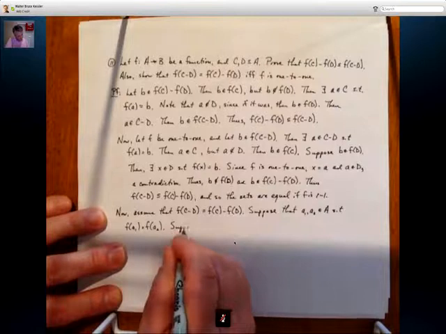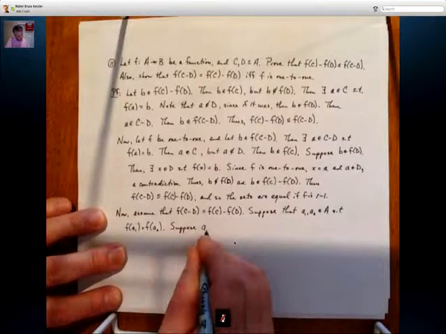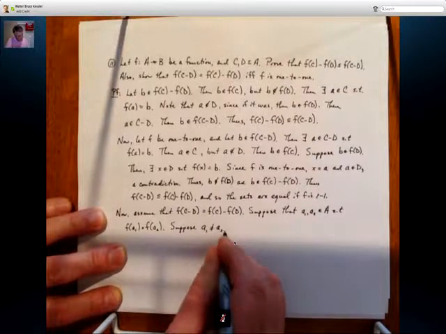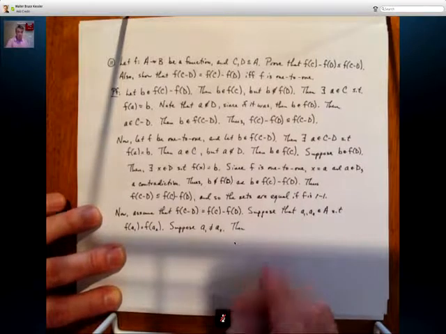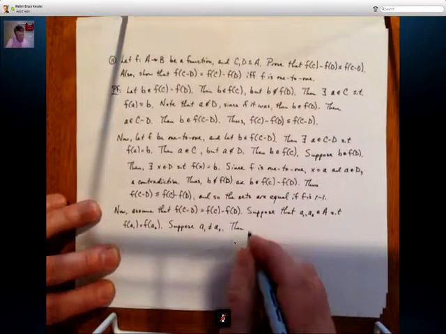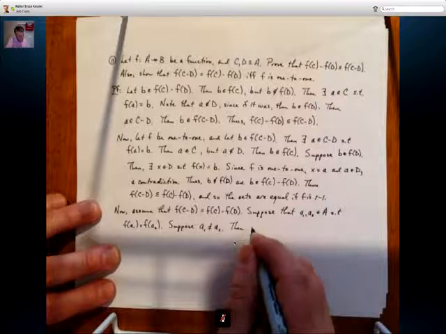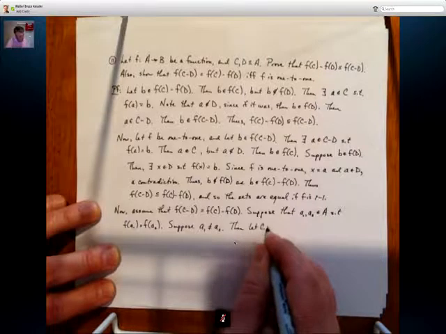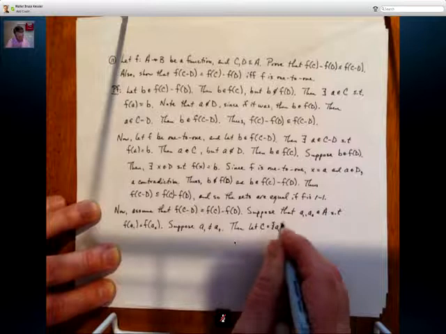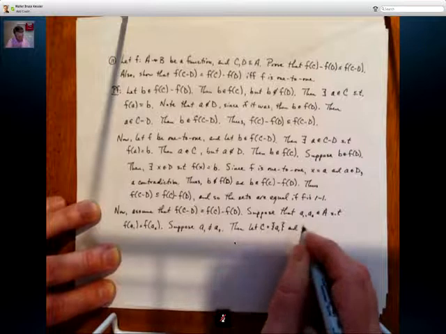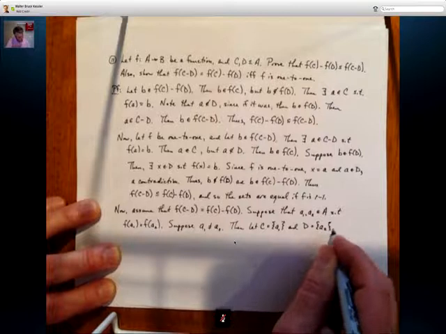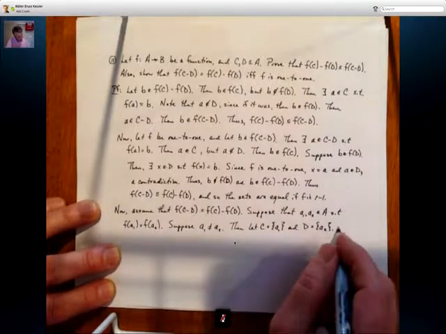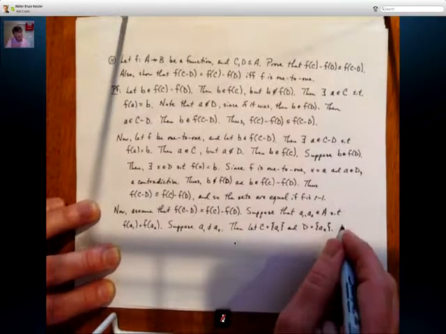Okay. But here's the thing. Let's suppose they're distinct. If I do that, I can put 1 in the set C, and I can put 1 in the set D. Okay?